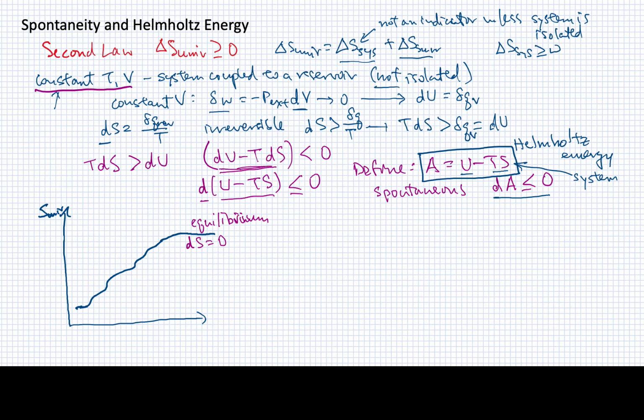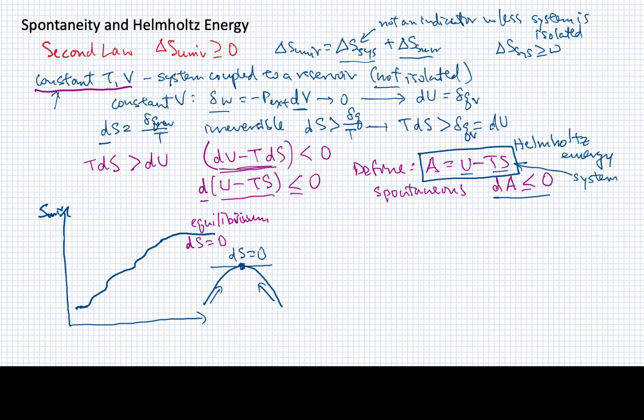Another way that we could represent this is to draw a picture, and I won't specify what the horizontal coordinate is, but it tells us that entropy changes for the universe, for a spontaneous process, must always increase, and when they reach a point at which their net change becomes 0, this represents the equilibrium point of the system.